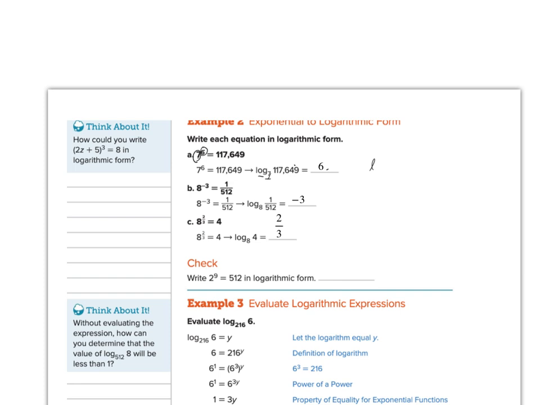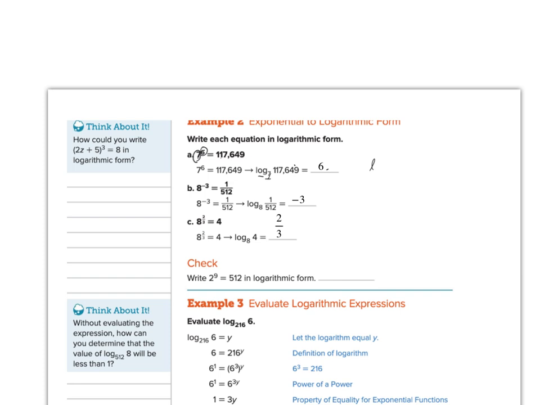So log base 7 of 117,694 equals 6. That's how we're reordering that. I know a lot of these will go into the calculator, but you need to be able to reorder them.